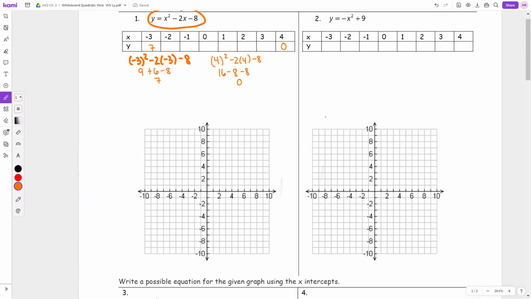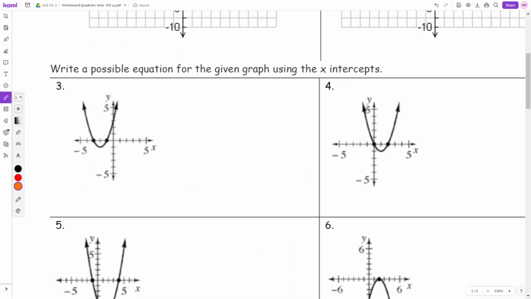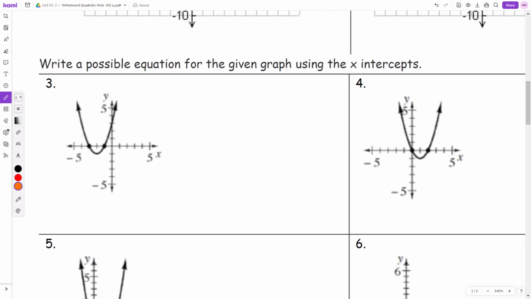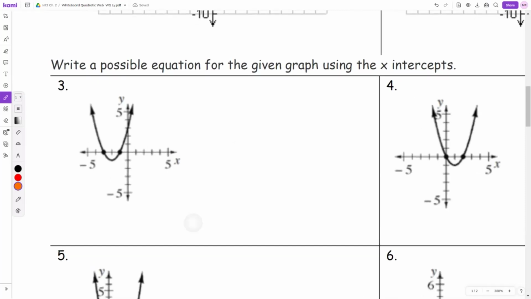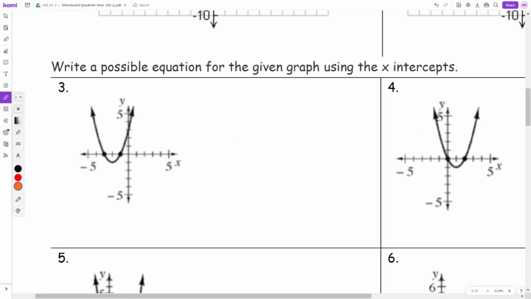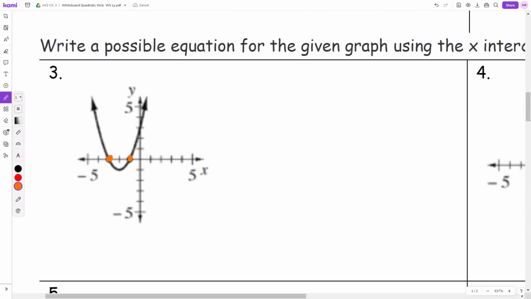Now, going down to these ones here, where it says write a possible equation for the given graph using the x-intercept. So when you are trying to write these, what we learned in Integrated 2 was everywhere that we have an x-intercept, it actually came from a factor.